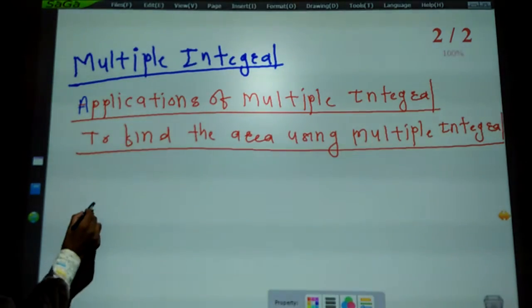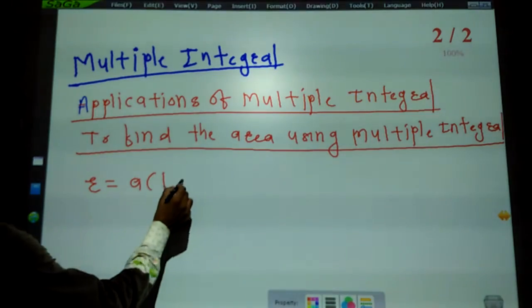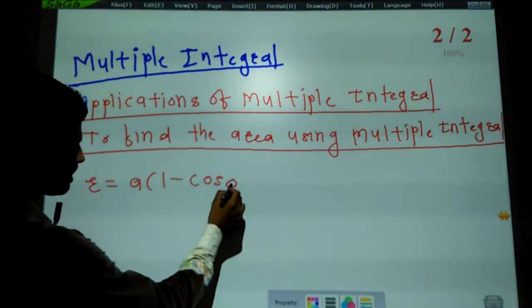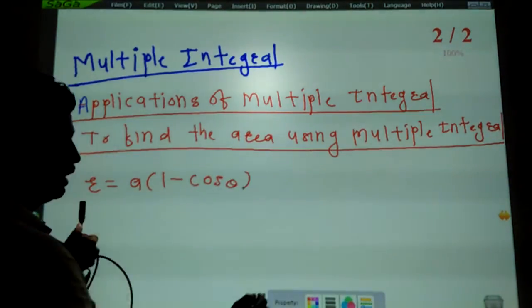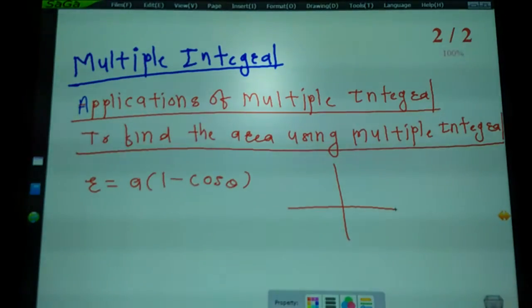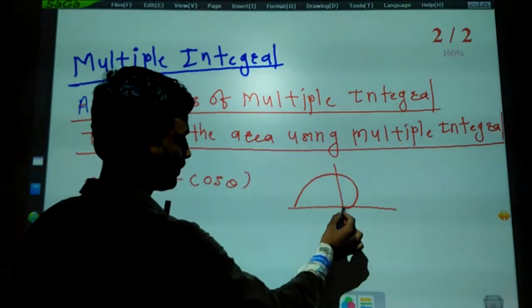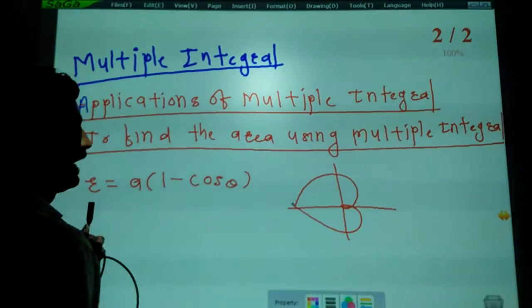Okay, so I will draw r is equal to a times 1 minus cos theta. Its curve we have already studied in curve tracing. Its curve is in this way, that is the negative y-axis.